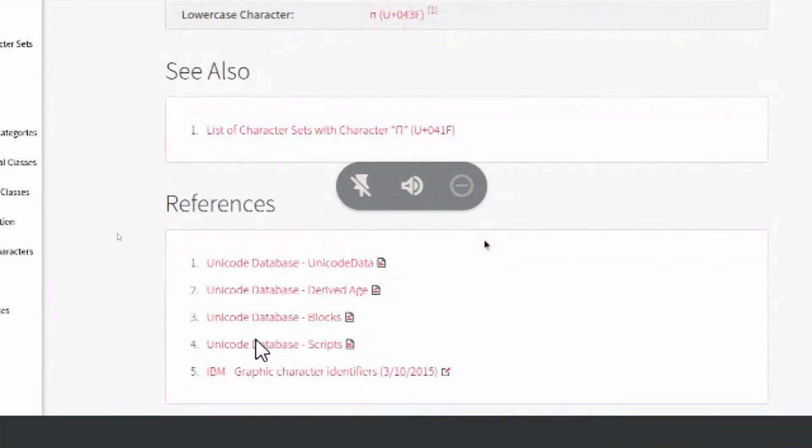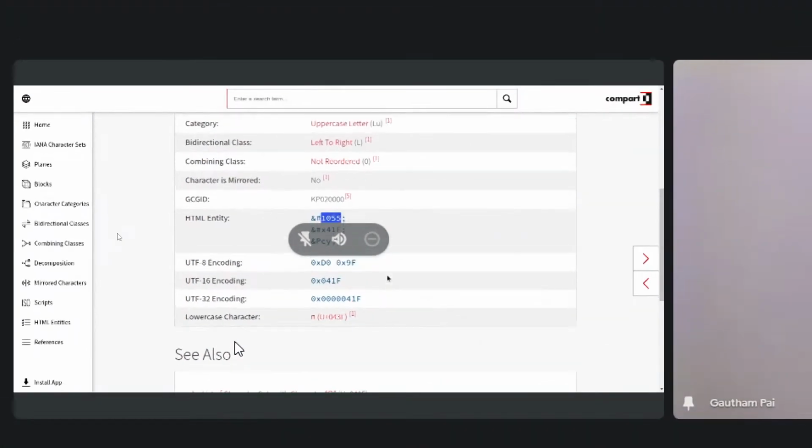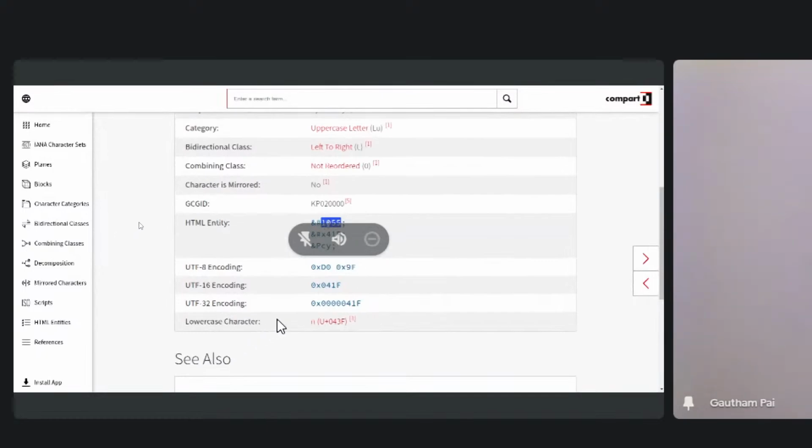So you can ask, how do I convert this UTF-8 value into a number? There is something called a UTF-8 encoding and all that. But basically, in simple terms, you're taking these characters and coming up with a number to represent that character. All right, you're using a number to represent that character.